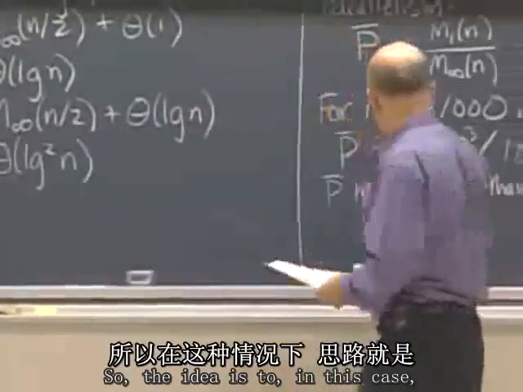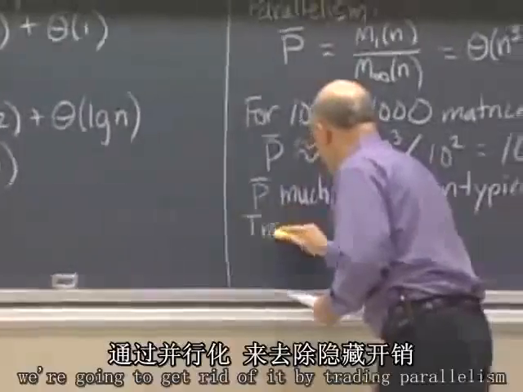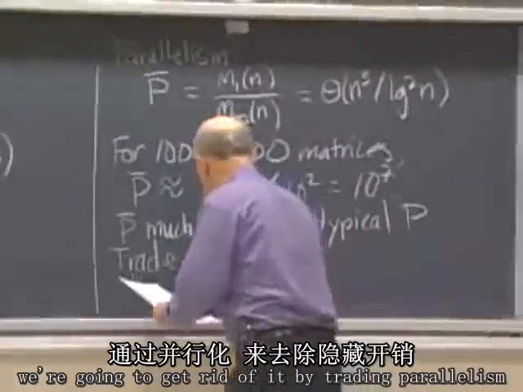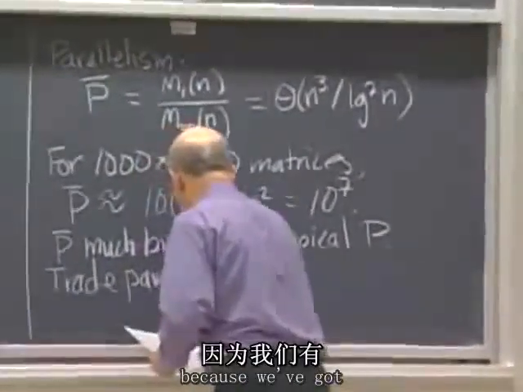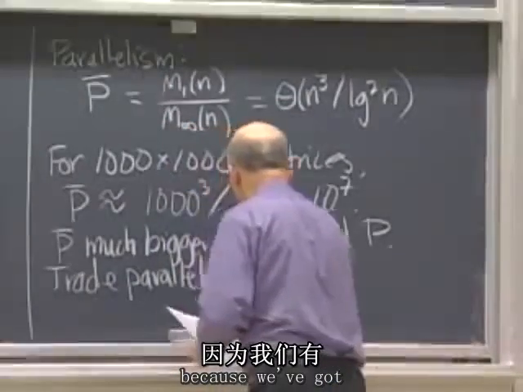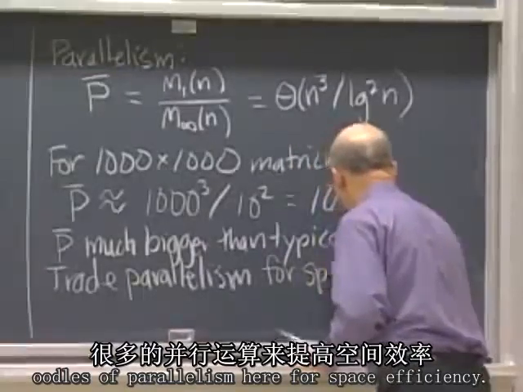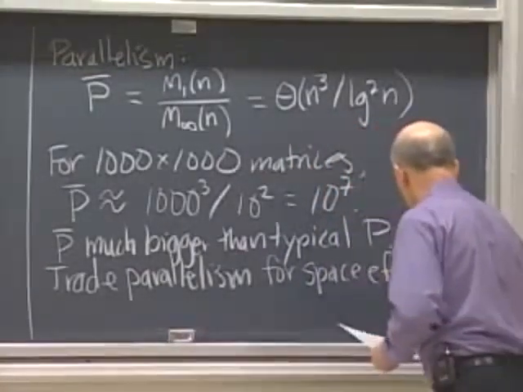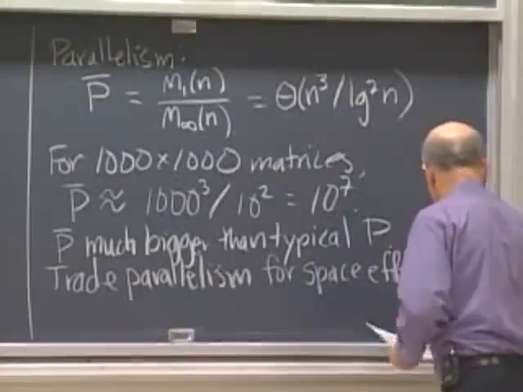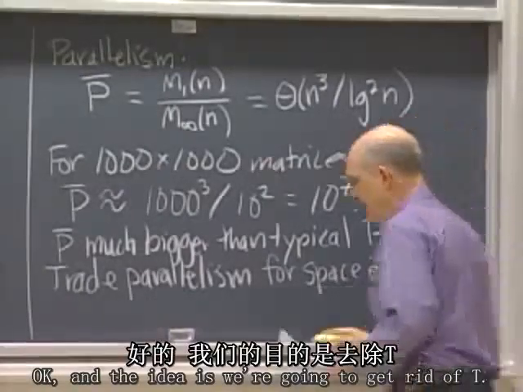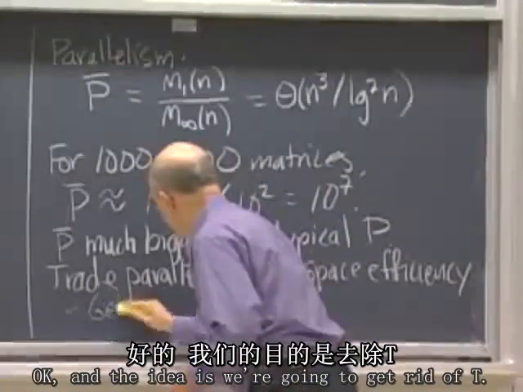So the idea is to get rid of T by trading parallelism, because we have oodles of parallelism here, for space efficiency.